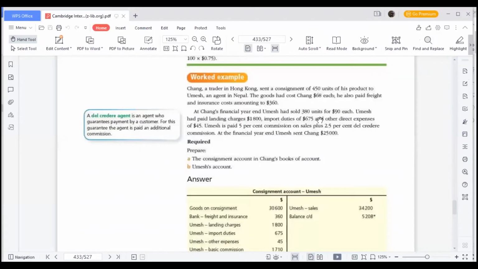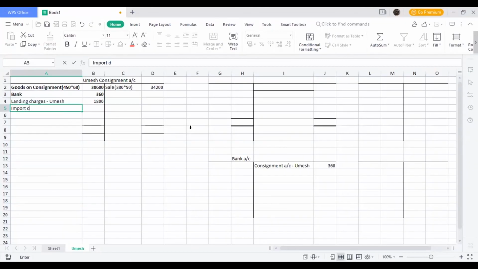Import duty 675. So I'll write here import duties, Umesh. Okay, easy as that. Now 675.